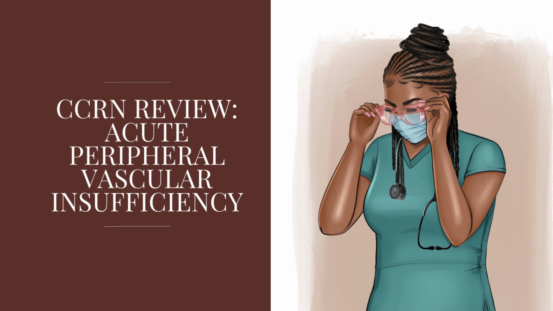Absent pulses or diminished pulses is one big one. So usually, I think the two big ones for me are temperature and a lack of pulses. So if I go to assess my patient, I feel their extremities, I touch their hands, I touch their legs, like their shins, and I touch their feet.